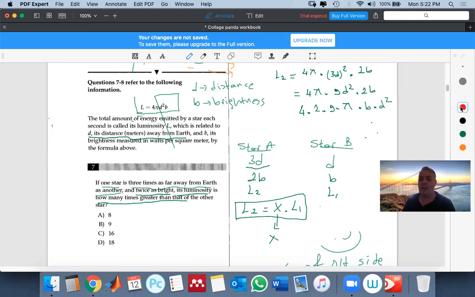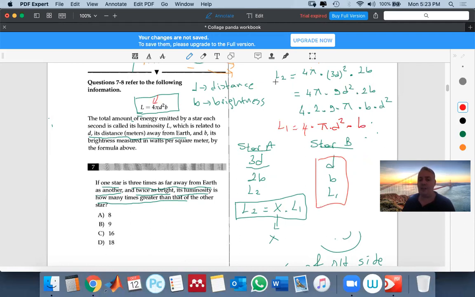Good. What about the original one? L1 is equal to 4 times pi times D squared times B.